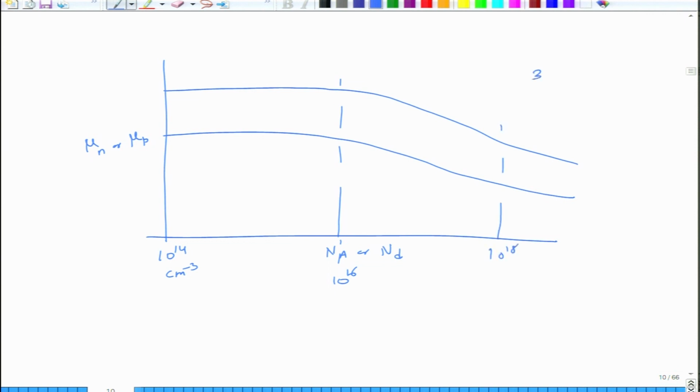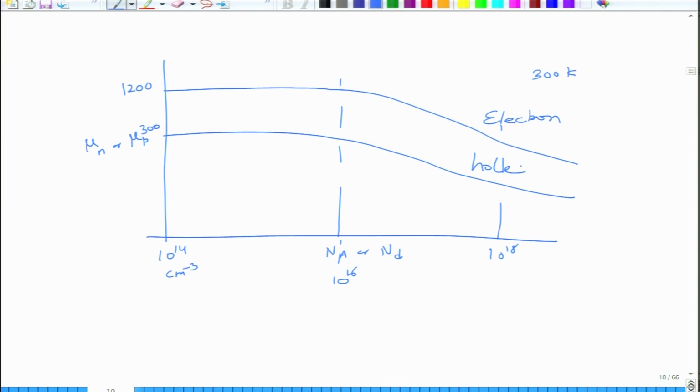This is at 300 K, and the values would be about 1200 for this and about 300 or 400 for this one. So this is for electron and this is for hole.